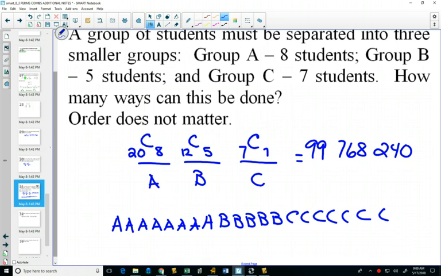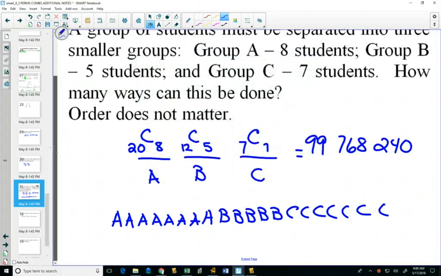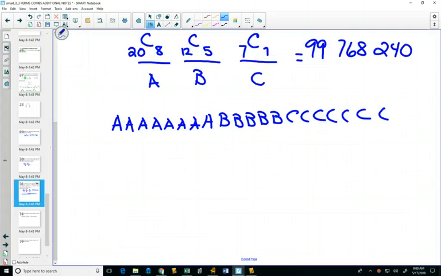But if I did it this way, what kind of question is it? It's an identical objects question. It's like a Mississippi question. How do we solve Mississippi questions? Well, normally we would have 20 different groups, right, which would be a really interesting thing.